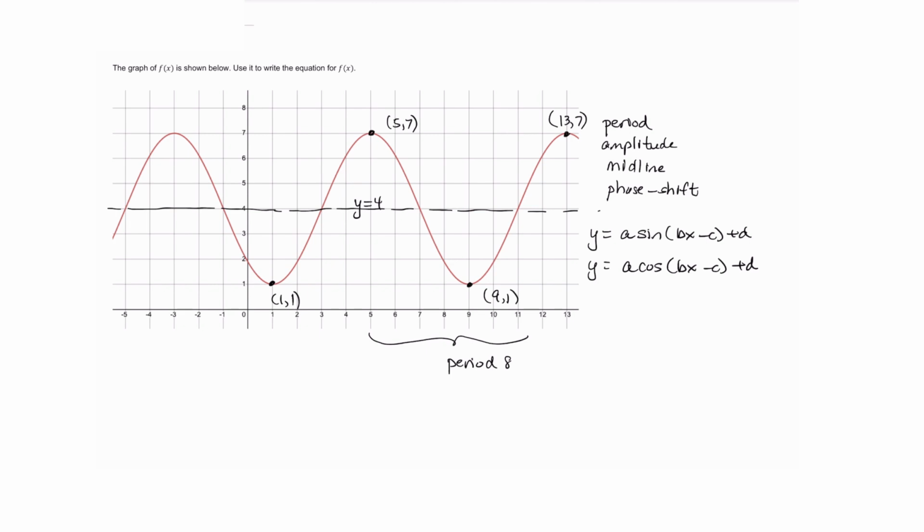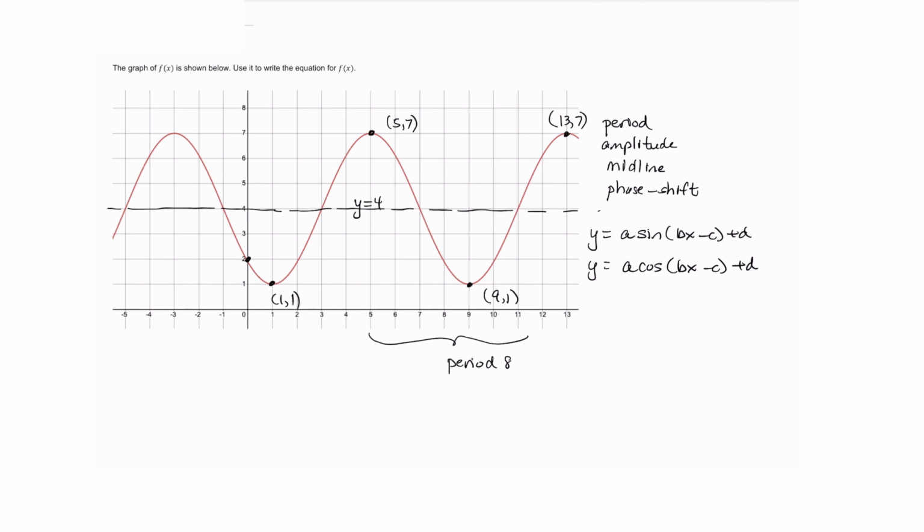A sine graph that has not been phase shifted will have a y-intercept at the midline. That is not happening here. In fact, our y-intercept here is 0, 2, not the midline, not the minimum, not the maximum. So that means that this graph has also undergone some sort of a phase shift.